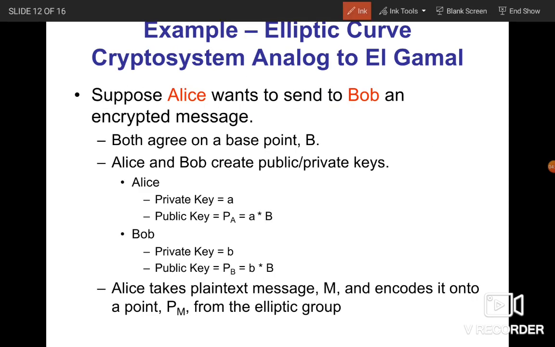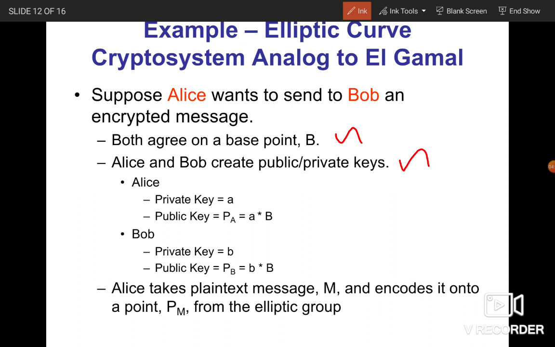Suppose Alice wants to send an encrypted message to Bob. First, both should agree on a base point P. Then Alice and Bob create their public and private keys.